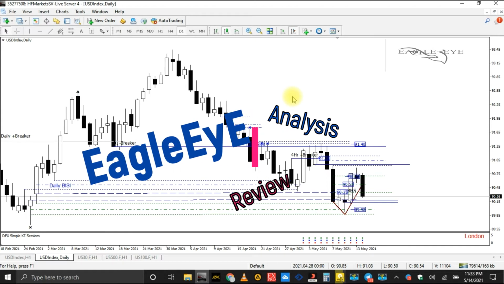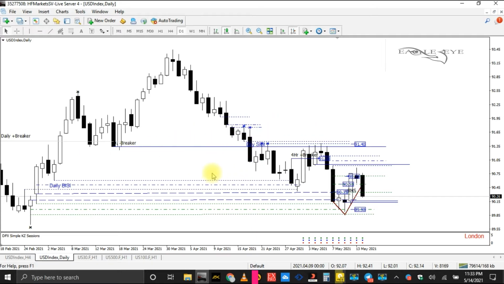Alright, so I would like to start the review by going through the colors I use on my charts. You have to understand that each color represents a time frame, so that when I post the chart, you know which time frames I'm referring to by the use of those colors.